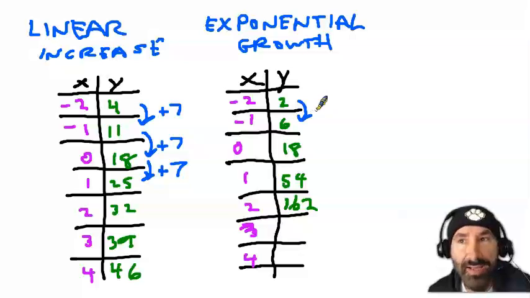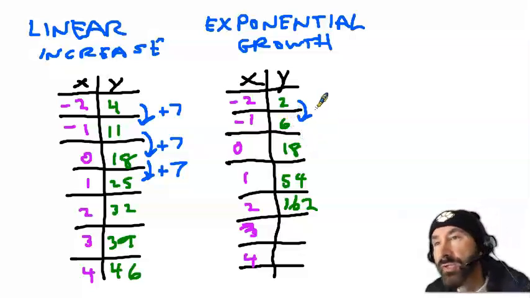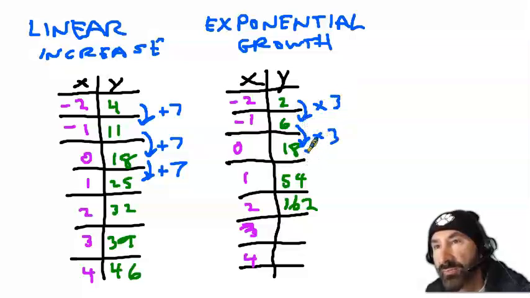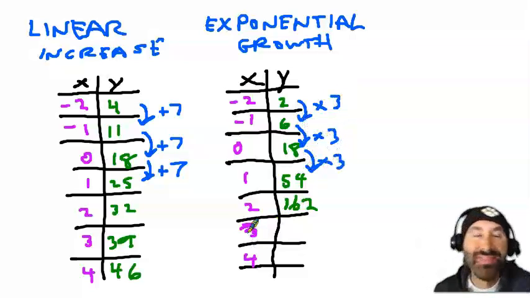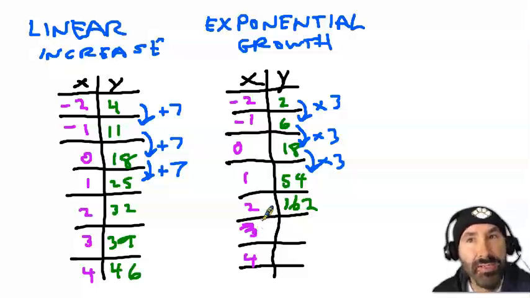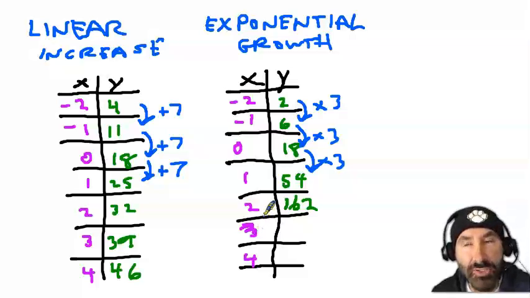We're not adding some amount. I mean, you could say we're adding 4, but the next two, we're not adding 4 to 6 to get 18. So what we're really doing is we're multiplying times 3. And here we will multiply times 3 to get to the next, and we'll multiply times 3 to get to the next. And that is the difference between a linear function and an exponential function.